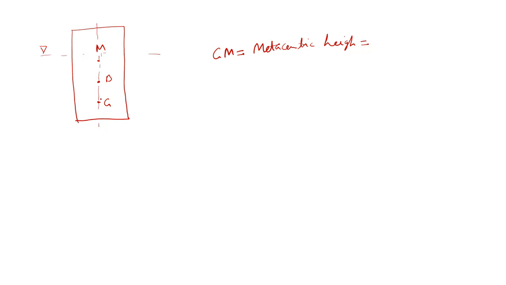And it can be evaluated by, what is GM here? From this diagram we can see GM equals BM plus BG, right?